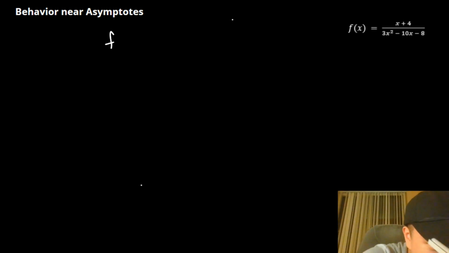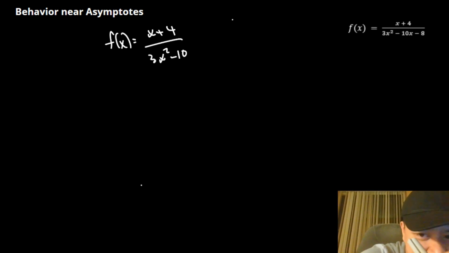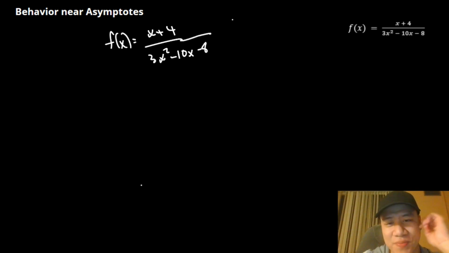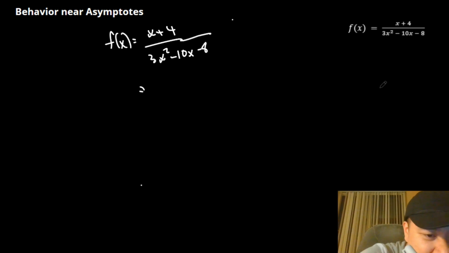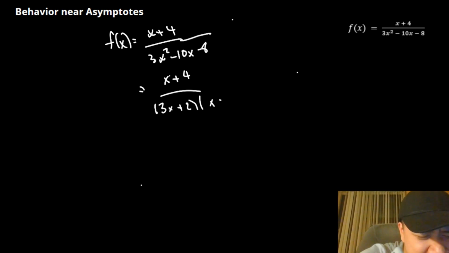Okay, so f of x equals x plus 4 over 3x squared minus 10x minus 8. Let's get our vertical asymptotes. We have x plus 4 over (3x plus 2)(x minus 4). Therefore, our vertical asymptotes are x equals negative 2/3 and 4.